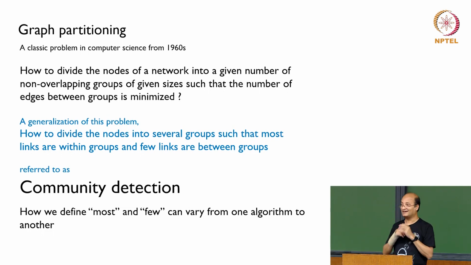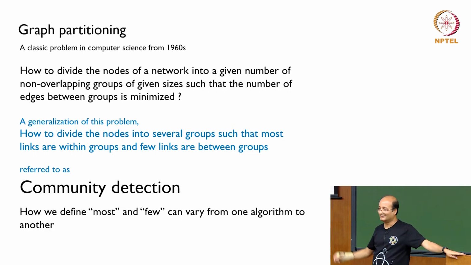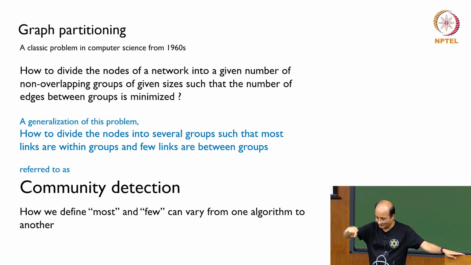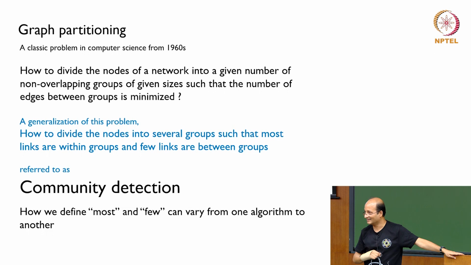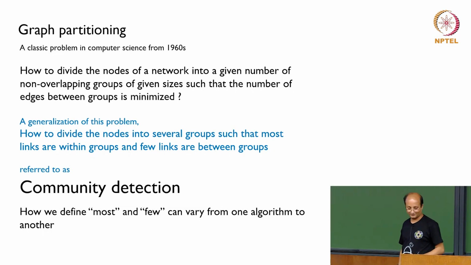But that leads to a problem, the same as doing optimization by gradient descent: you might get stuck at a local minimum. You will not be able to find the optimal solution because you are doing this bisection one by one. So it's not a surefire way of finding the modules.